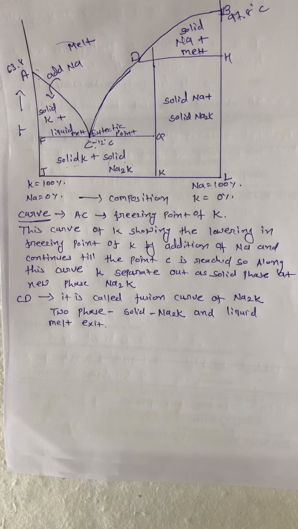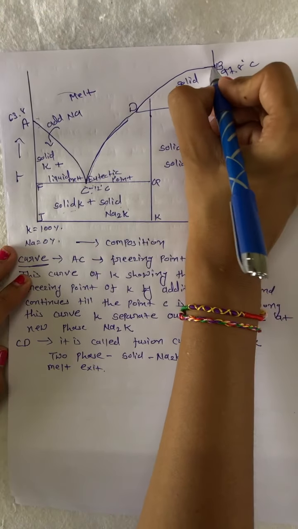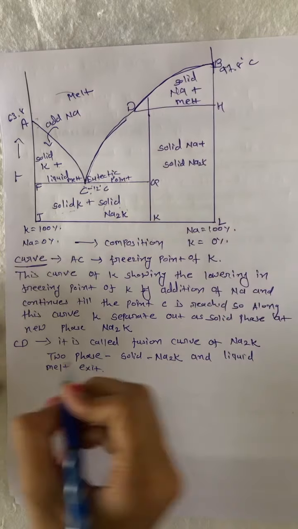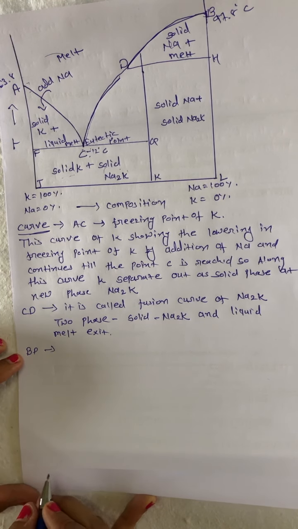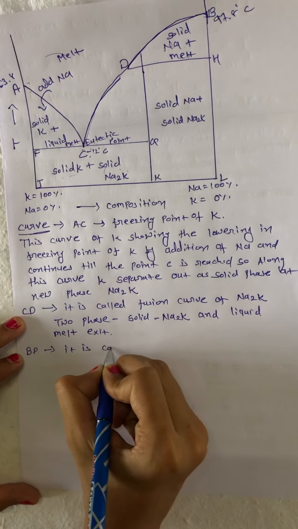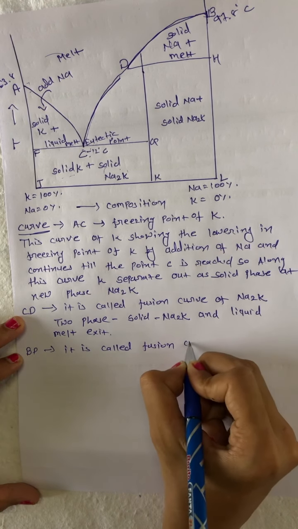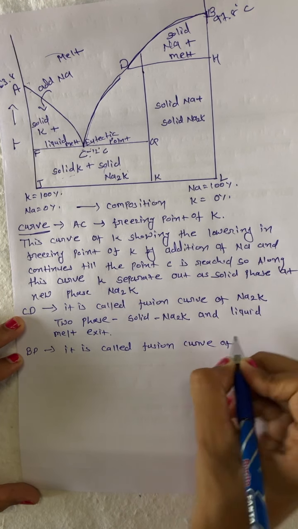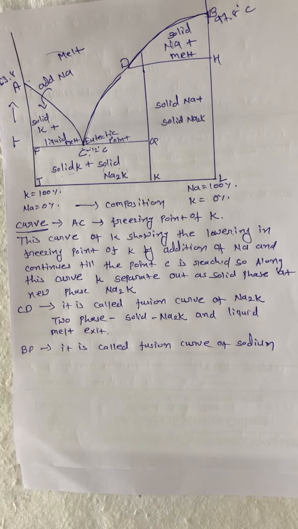Now curve BD. Write this curve BD, this one, right? B and D. It is known as the fusion curve of sodium, and this curve shows the lowering of the freezing point of sodium by addition of potassium.